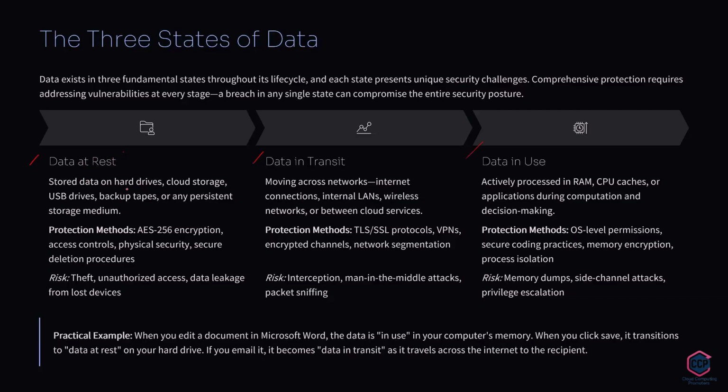Examples are where we store data in organizations: hard drives, cloud storage, USB, backup tapes, or any medium where data is stored. The methods we use are AES 256 encryption, access control, physical security, and secure deletion processes.